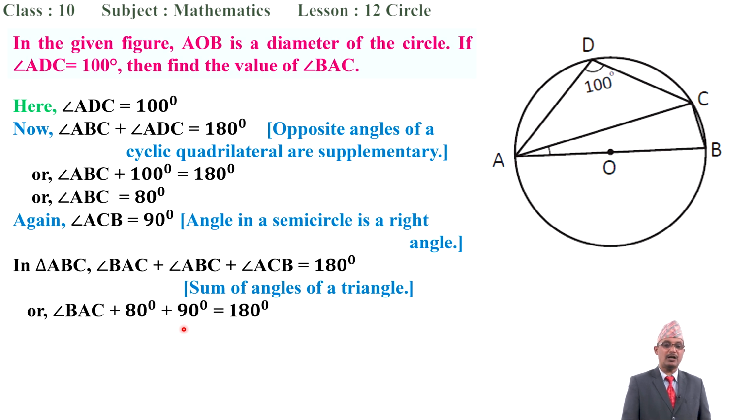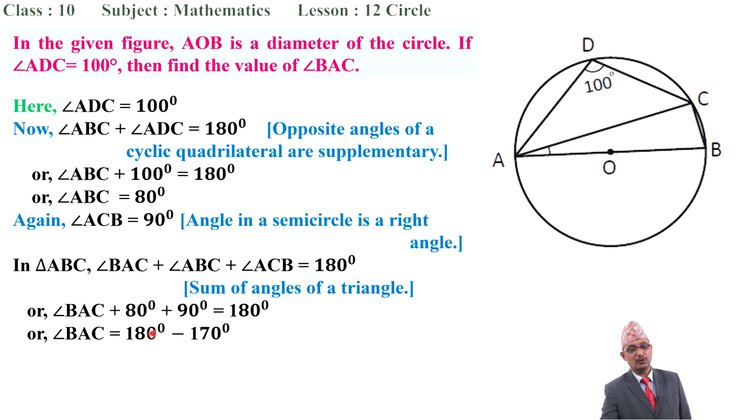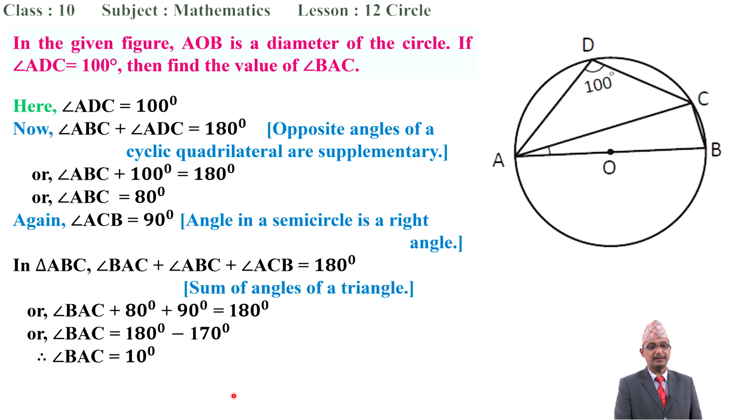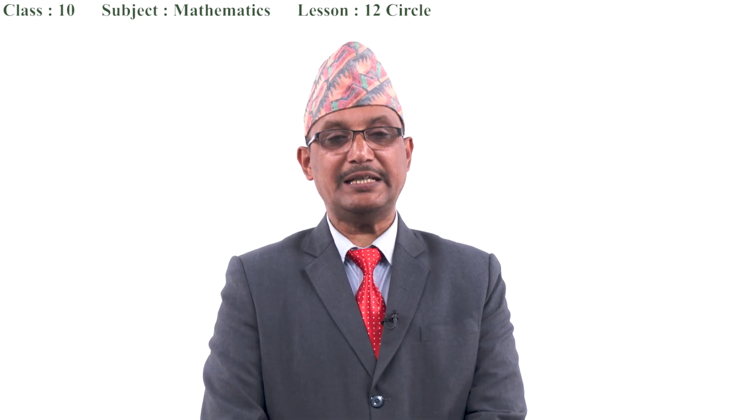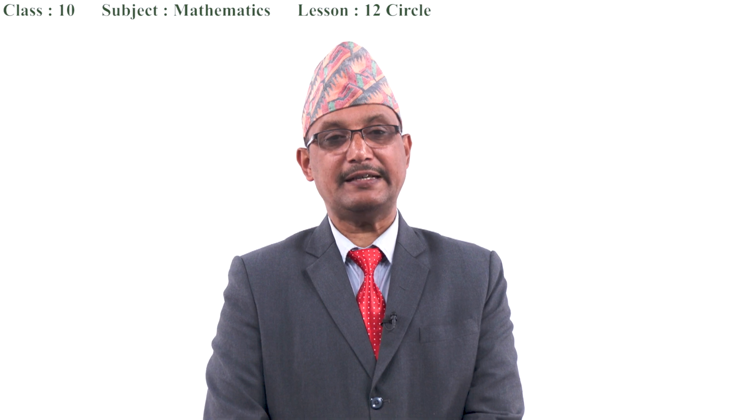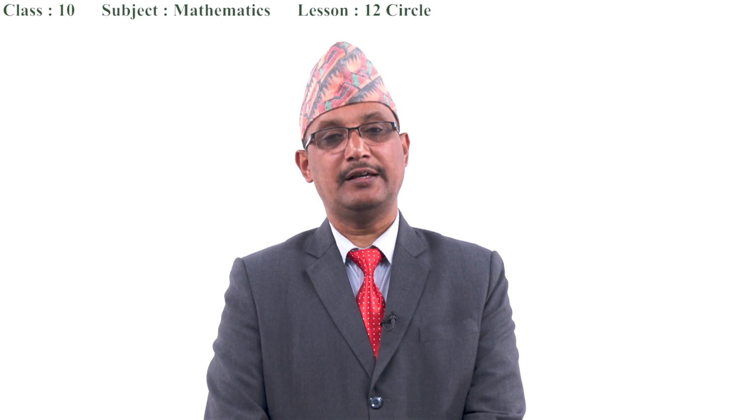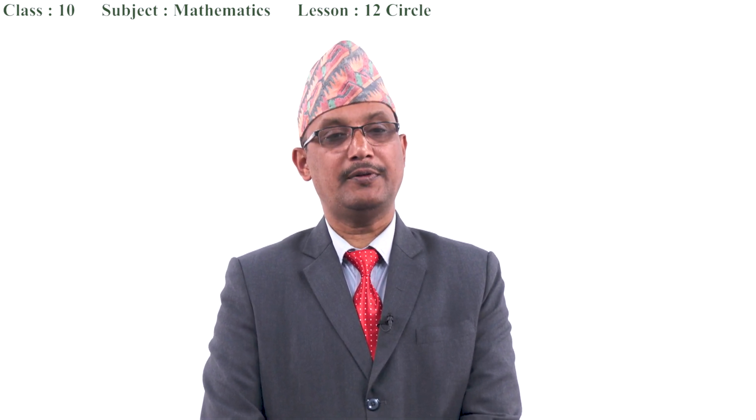If we send 170 to the right hand side, it becomes 180 minus 170. That is, angle BAC equals 180 minus 170. 180 minus 170 becomes how much? 10 degree. So angle BAC that we have to calculate is 10 degree.